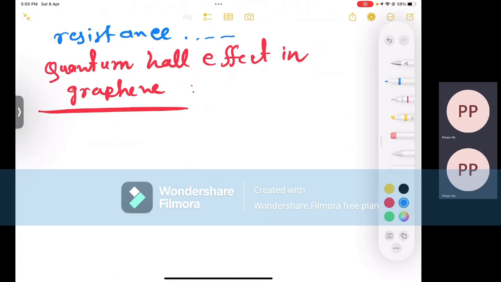So for relativistic particles, you have particle and antiparticle energies as a function of momentum. First I'll write E plus minus for particle and antiparticle as a function of momentum. It's basically the wave vector.